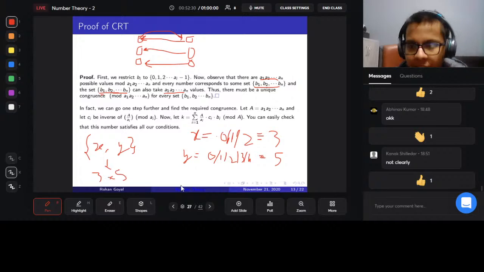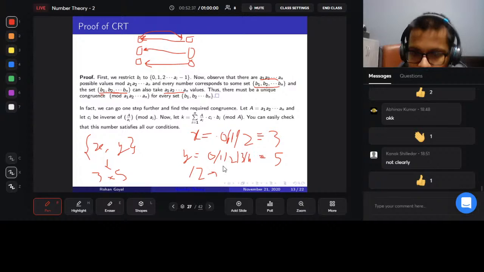But if I take any number, say for example 12, I can correspond it to some set. 12 is 0 mod 3, so I can say it's corresponding to 0, and it's 2 mod 5, so it's congruent to 0 comma 2. For every number I create a set this way.